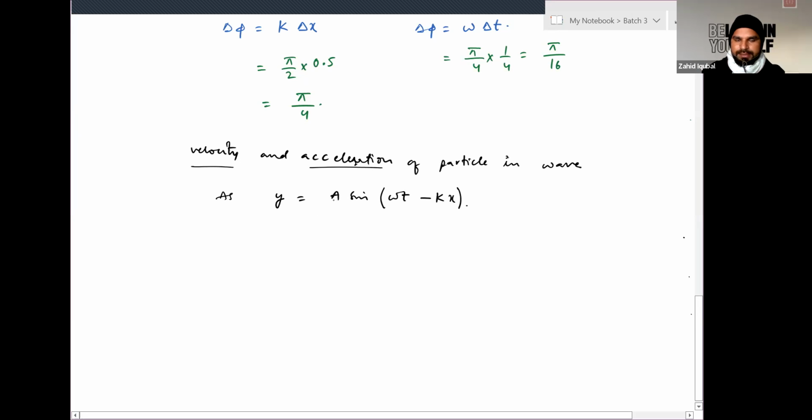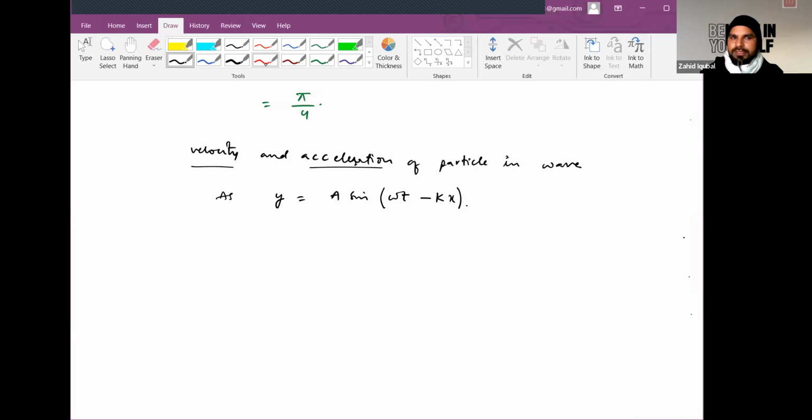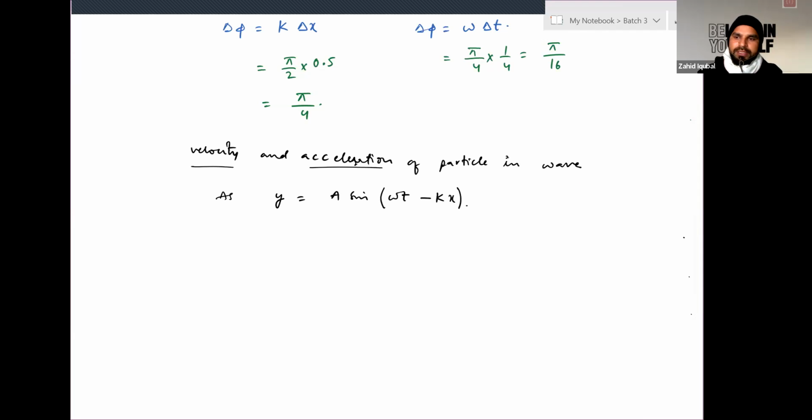In this part, A is amplitude, and omega t and kx are two dependent terms. One is time dependent, the other is x dependent. So we have to calculate velocity. Velocity is dy over dt, so you must differentiate it with respect to t.